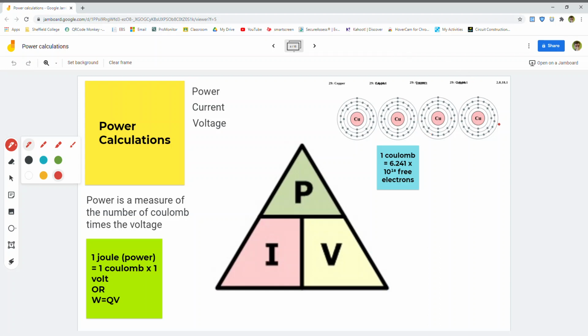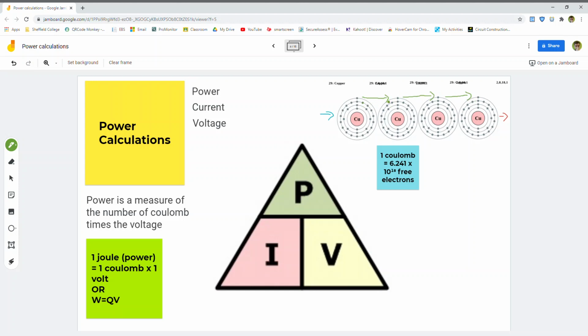So let's say then we've got an EMF applied to this, with one side attracting the free electrons and the other side repelling the free electrons, so in normal cases of a battery. As this EMF is applied, these free electrons move from atom to atom, so they jump from there to there to there.